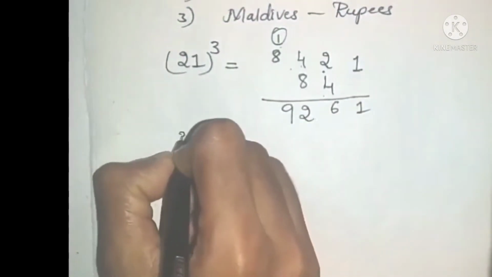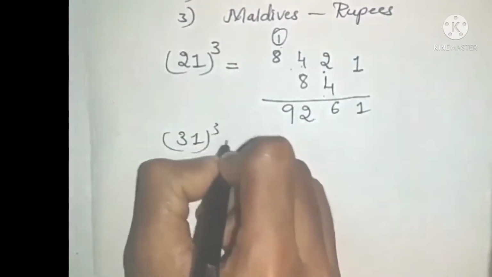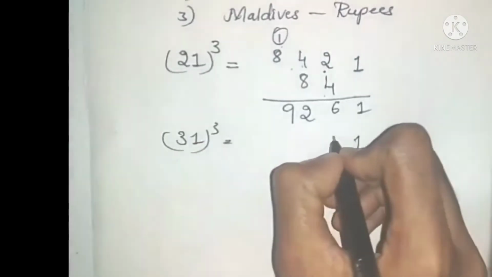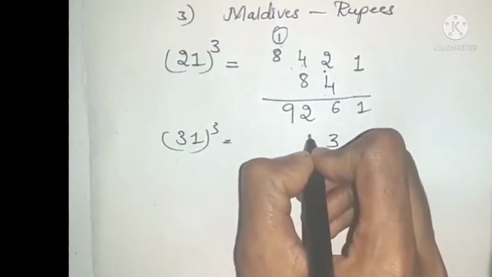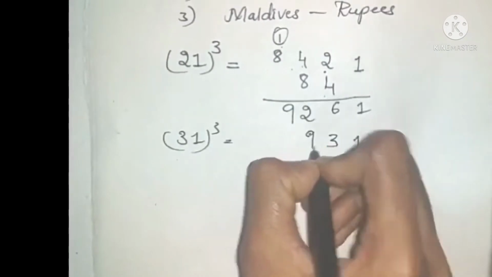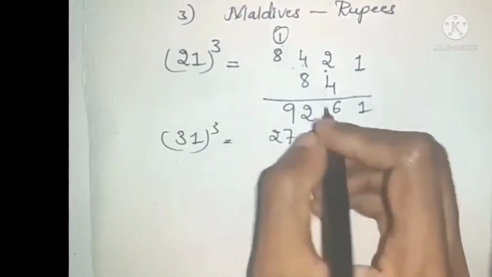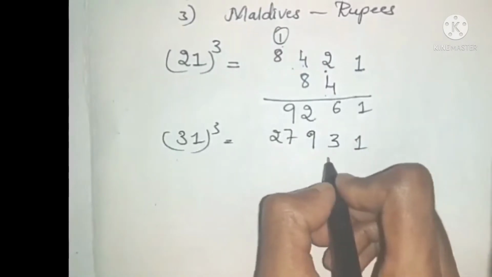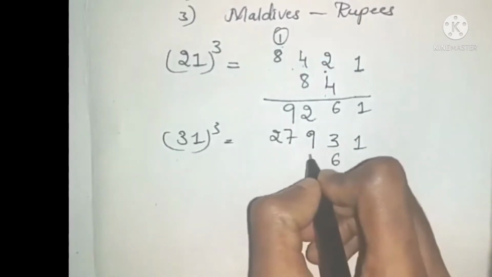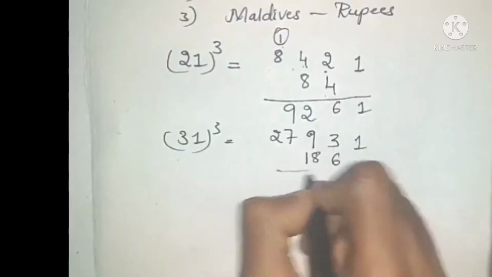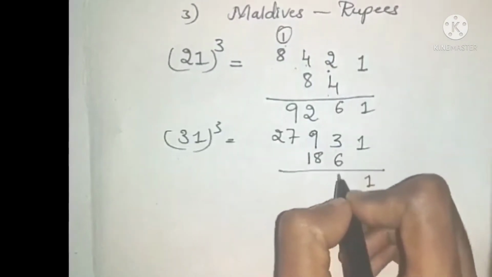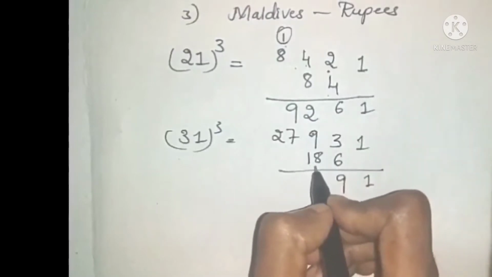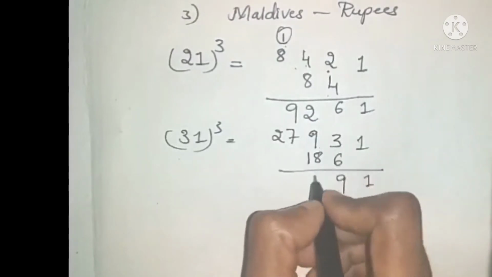Now next one is 31 cube. Take 1 and 3. 3 square is 9. 3 cube is 27. Leave the first and last terms. Double this 6, and this becomes 18. And now 1, 6 plus 3, 9. 18 plus 9, 27.